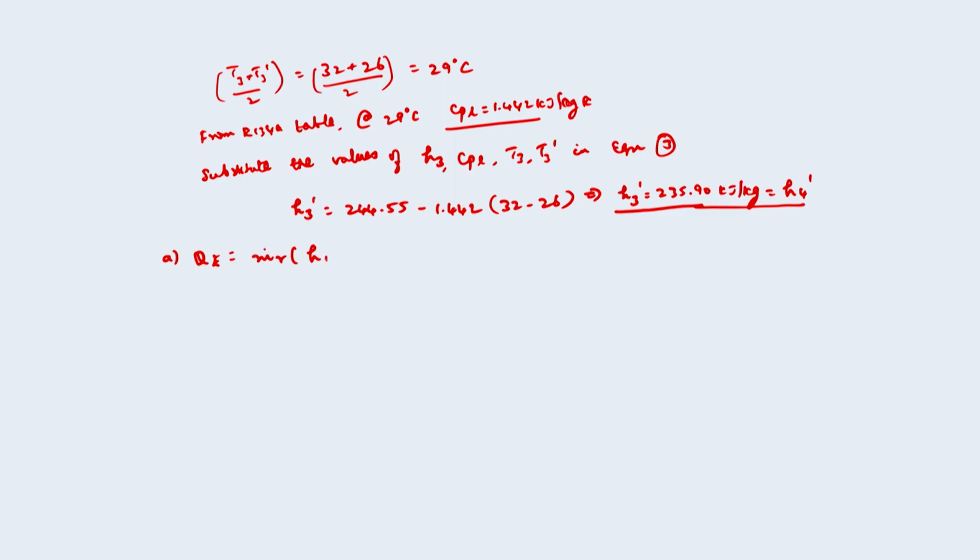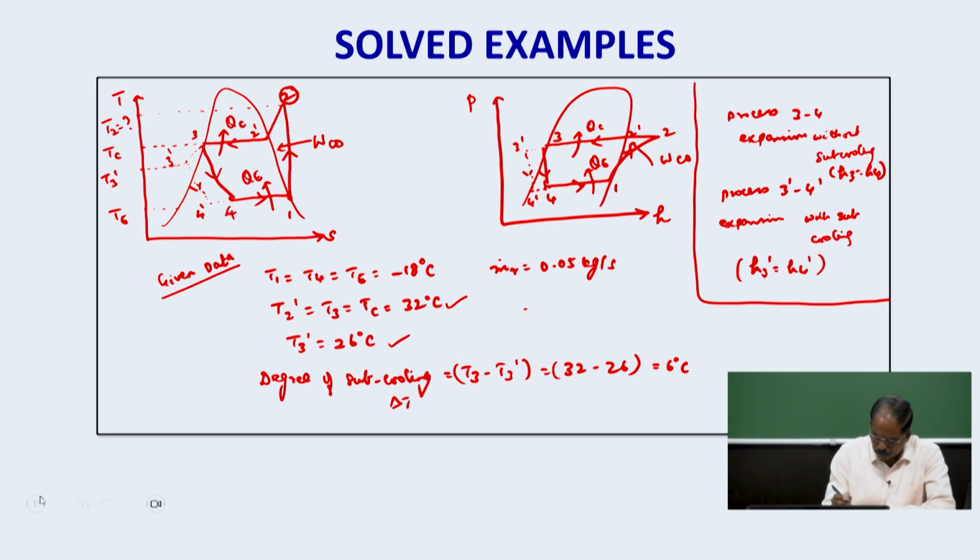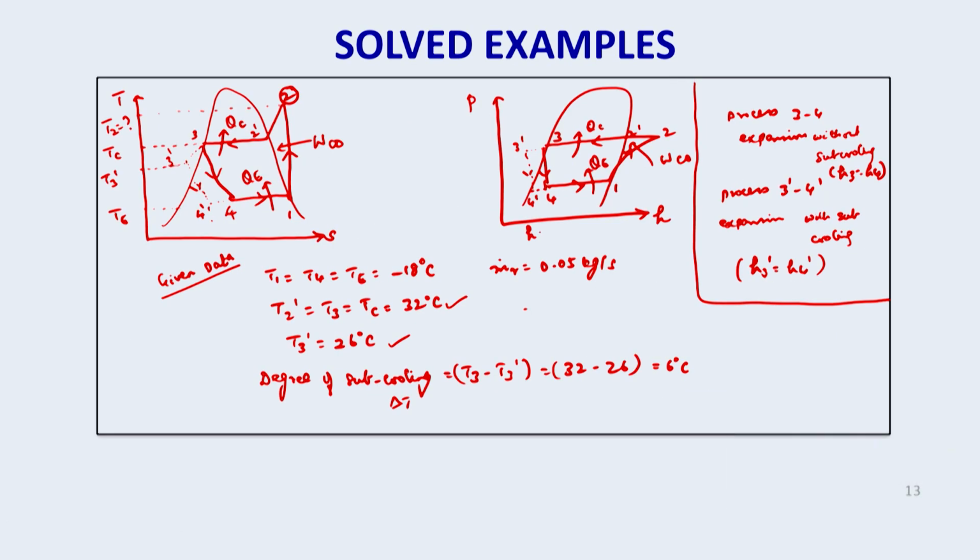Until now, we have been writing the refrigerating effect as H1 minus H4, that is without subcooling. Now in this problem, since subcooling is considered, the refrigerating effect is H1 minus H4 dash. This is H4, this is H4 dash, and this is H1.